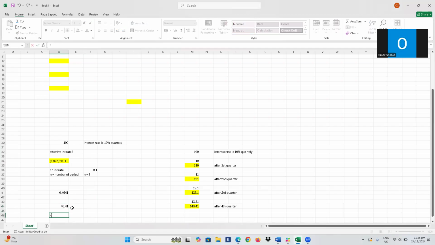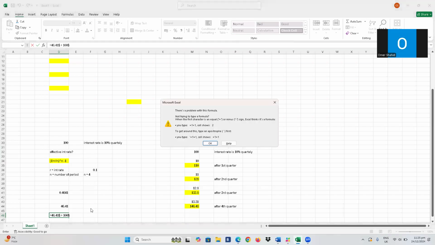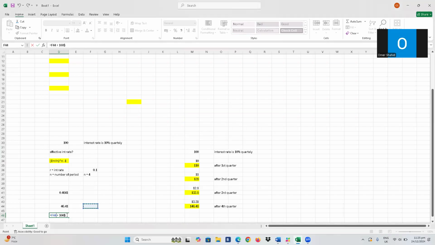If we add that 46.41 to our principal amount, which is 100, how much will it give us? 46.41 plus 100 will give us 146.41. Okay, I hope that's clear to you.